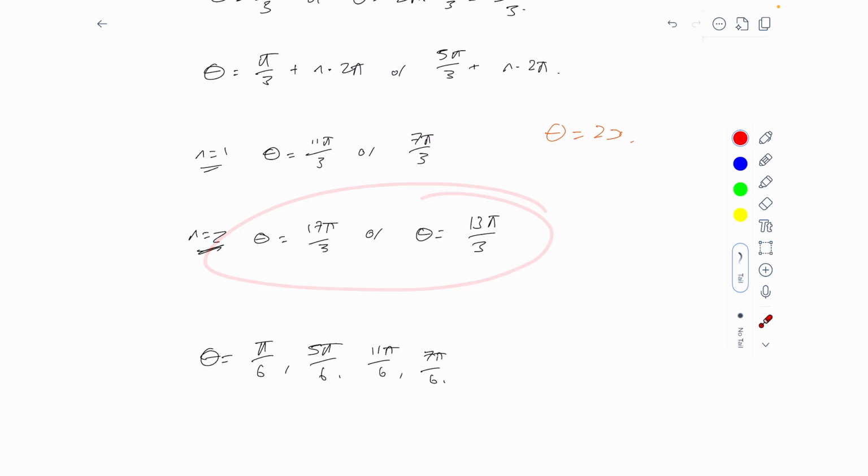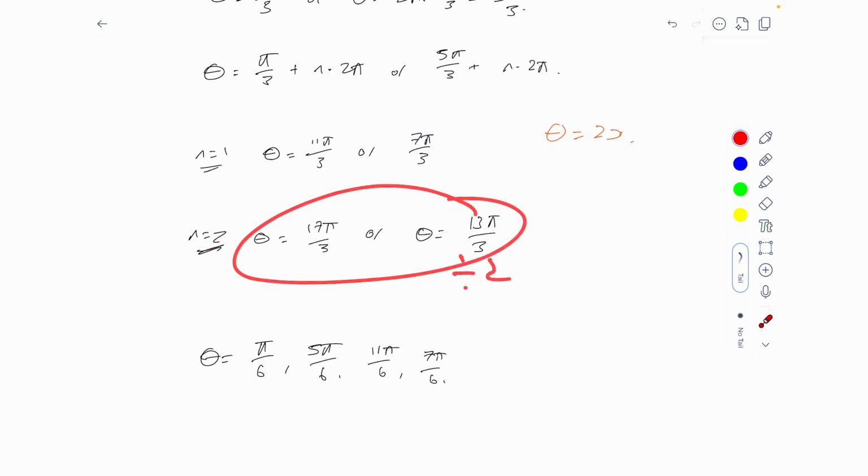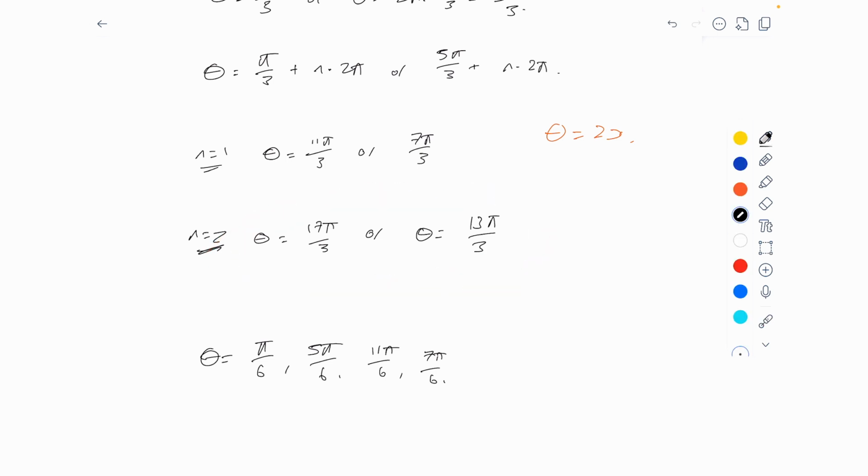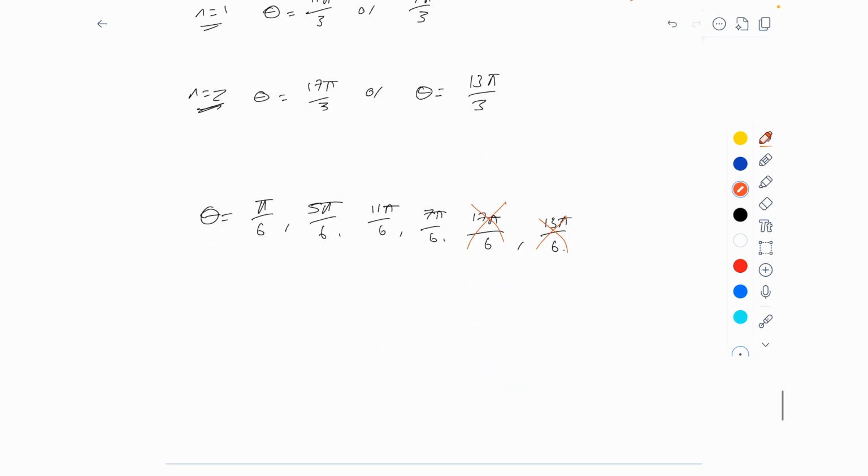We divide these by 2, then we get 13 pi over 6 and 17 pi over 6. However, these are obviously not within the bounds of 2 pi because they're bigger than 2 pi. So therefore, these alone are going to be your final answers to that question.